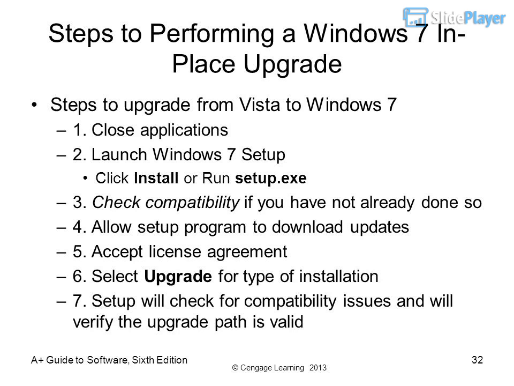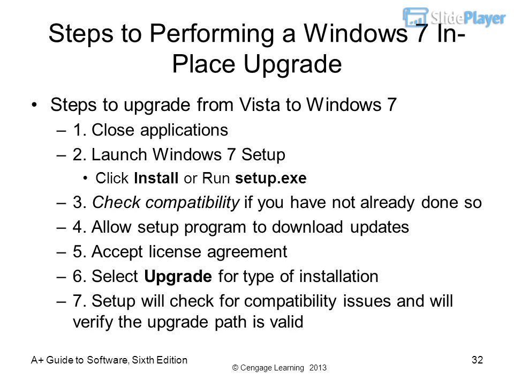Steps to performing a Windows 7 in-place upgrade. Steps to upgrade from Vista to Windows 7. 1. Close applications. 2. Launch Windows 7 setup: click Install or run Setup.exe. 3. Check compatibility if you have not already done so. 4.